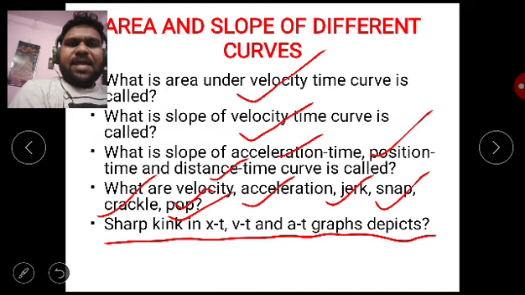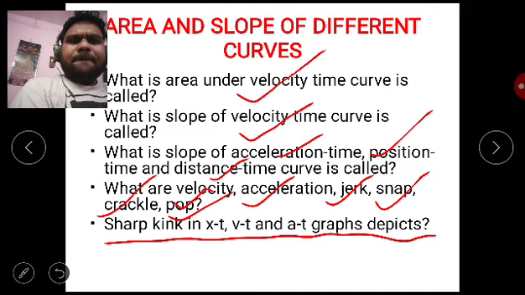Whenever we have a kink in the graph, at that point it is possible to draw two tangents, and at that point the function is not differentiable.